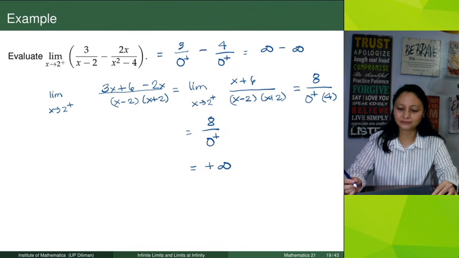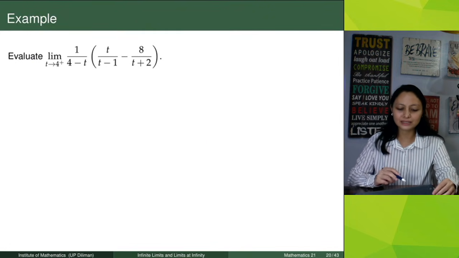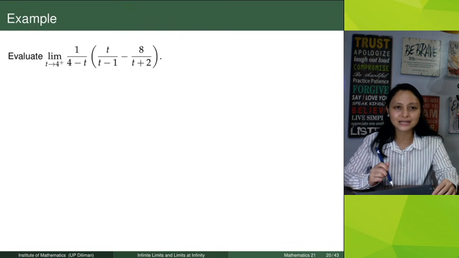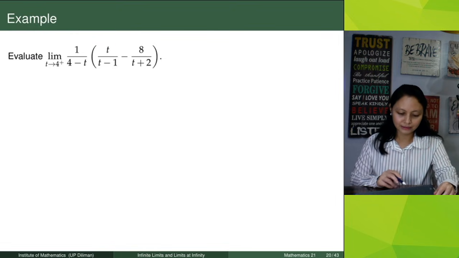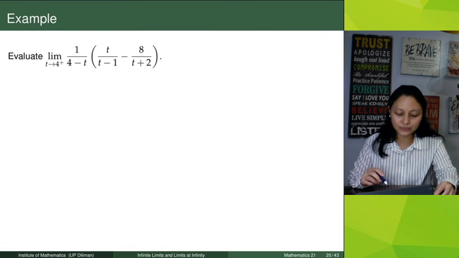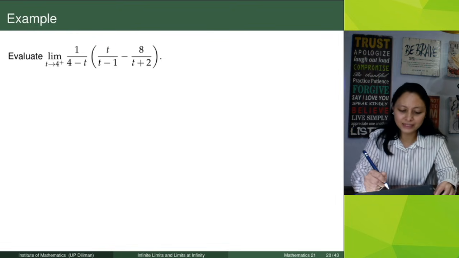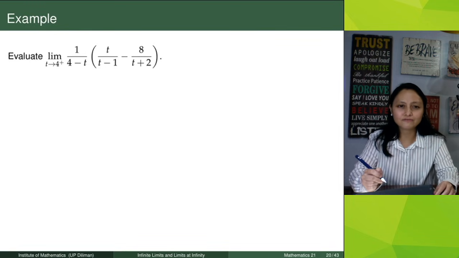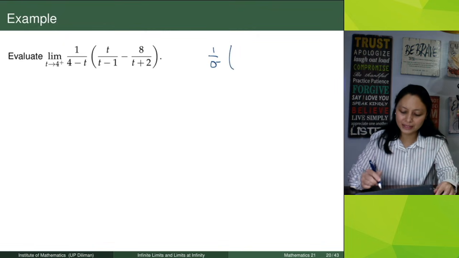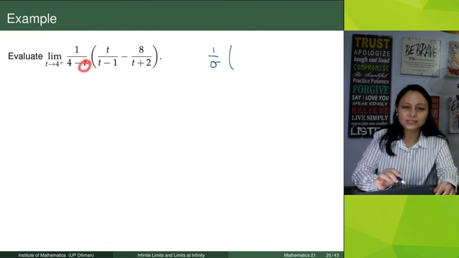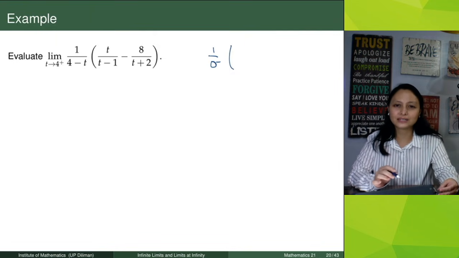Okay? Next, we want to evaluate the limit of this function as t approaches 4 from the right. Sige, try muna natin. If you substitute, when t equals 4, you get 1 over 0 from the left, because yung t nyo is approaching 4 from the right, or a value greater than 4.